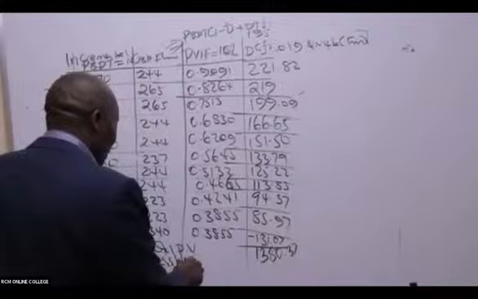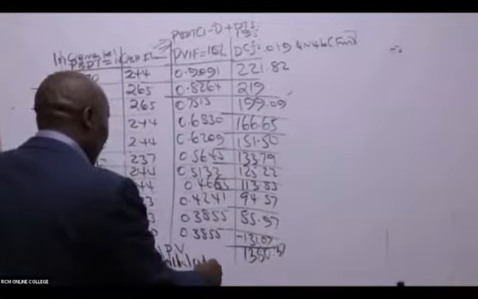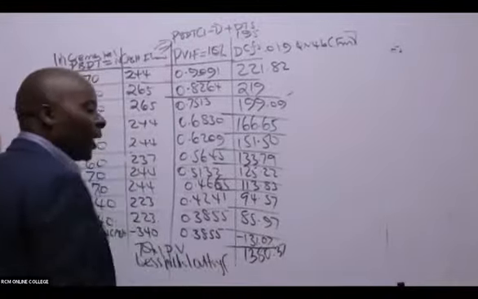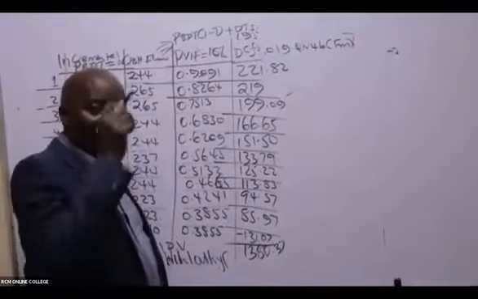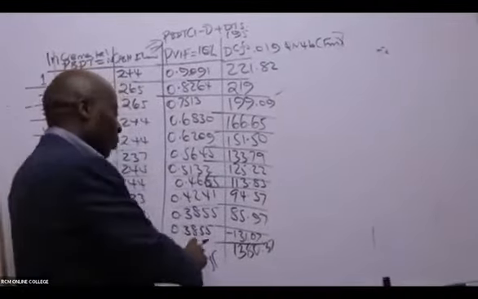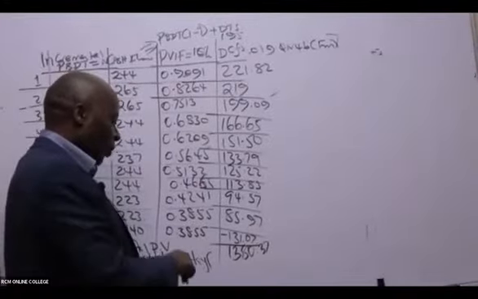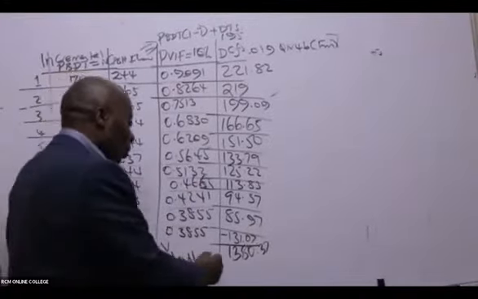Initial outlay. Not unless I get extra time. If I have some time on my hands, then I'll be able to compute this initial outlay. Otherwise, I will tell the examiner I'm not doing this.